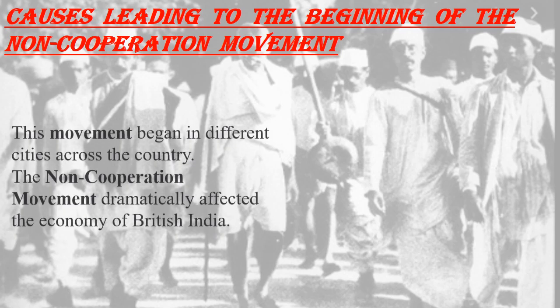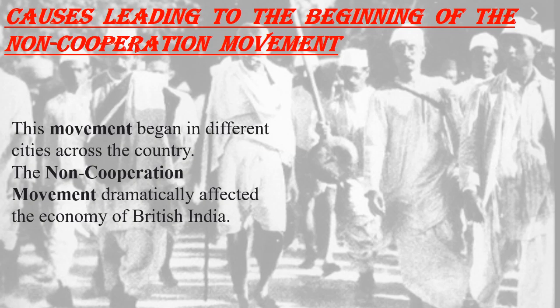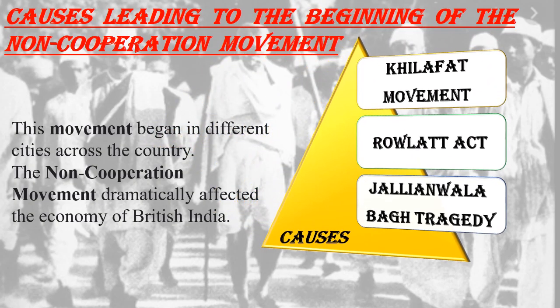Now we will discuss the causes of the non-cooperation movement in detail. The non-cooperation movement was a result of many poverty-inducing and inimical policies of the British government against India. It was a result of many incidents that took place in 1919 and previous years.